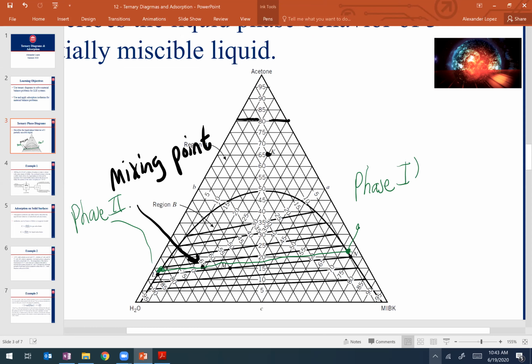And so the composition of phase 1 is going to be approximately, let's see, MIBK for phase 1 is going to be what, 0.725. For acetone, I've got what, 0.225. And for water, I've got about 0.5.